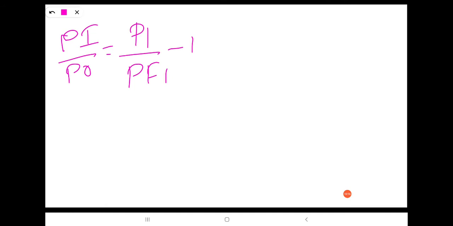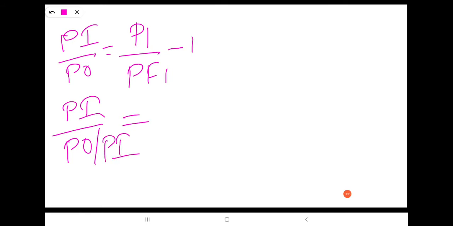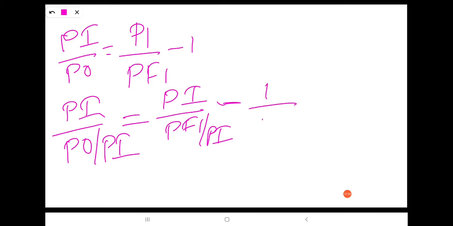So we get PI by PO by PI, and PI by PF1 by PI, and minus 1 by PI.